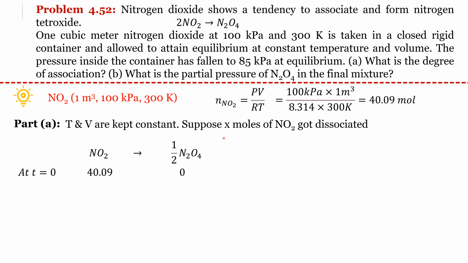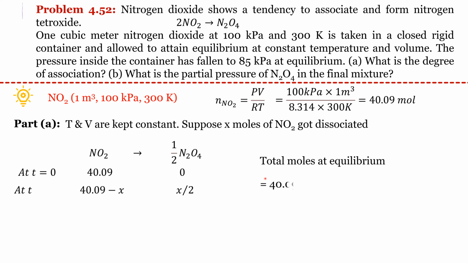Now we have assumed that X moles of NO2 got associated. At time t, we can write the initial moles of NO2 minus the associated moles, and here it will become equal to X by 2.